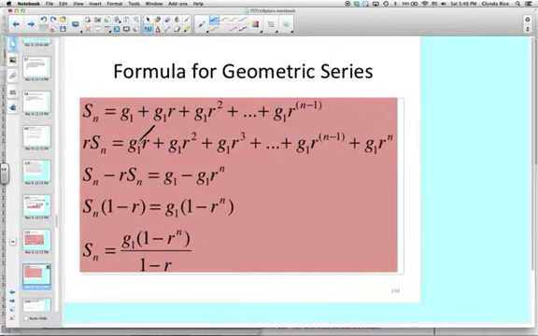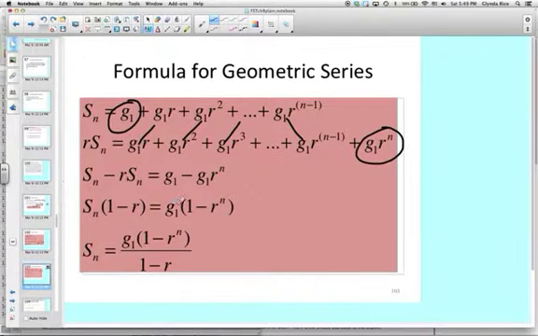Again, we subtract. All of them cancel down, or not really cancel, but you subtract them and you end up with 0, except you have g sub 1 left, and you have subtracting g sub 1 times r to the n. So g sub 1 minus g sub 1 times r to the n. Factor out g sub 1.